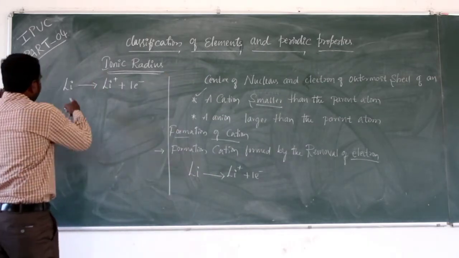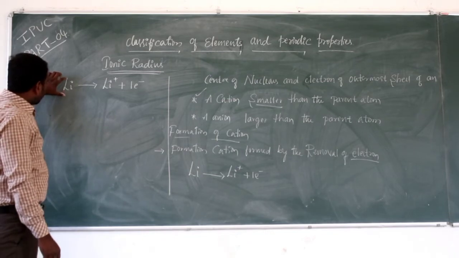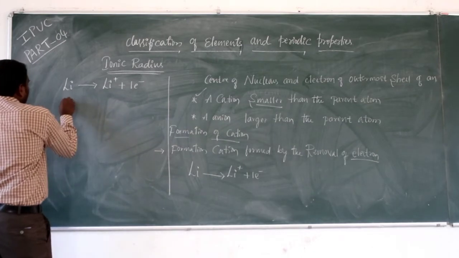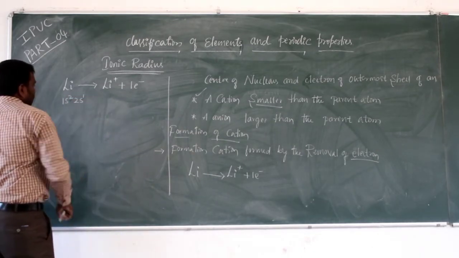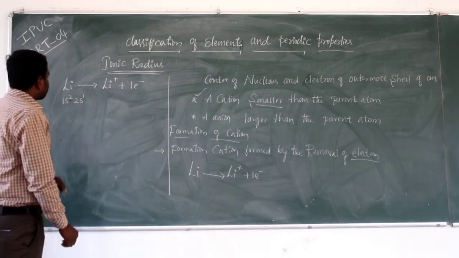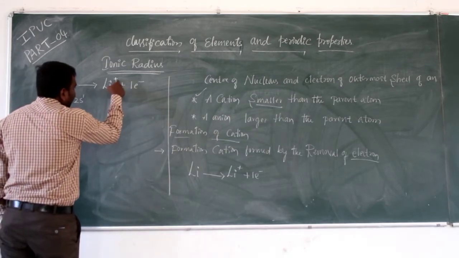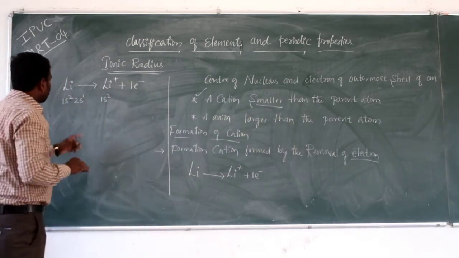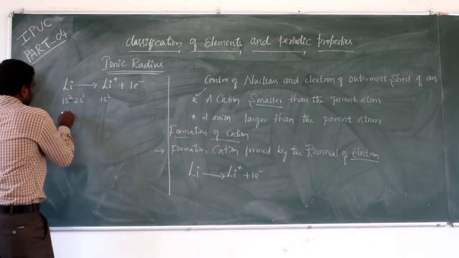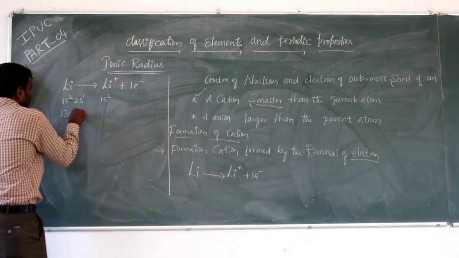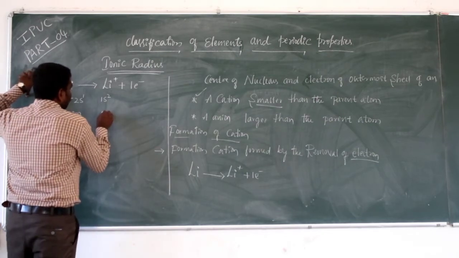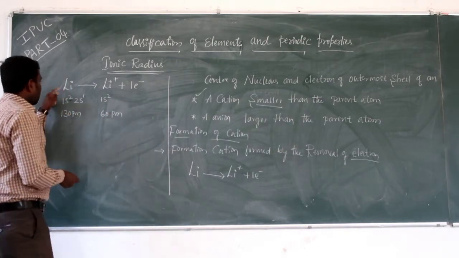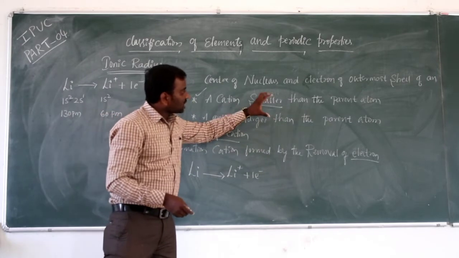See here, already we know that the electronic configuration of lithium is 1s2 2s1. Is it clear? Next, this lithium lost 1 electron. 1s2 is left, right? The atomic radius is 130 picometer and the ionic radius is 60 picometer. Here, a cation is smaller than the parent atom.